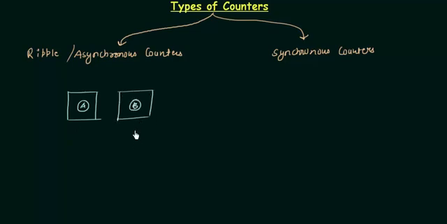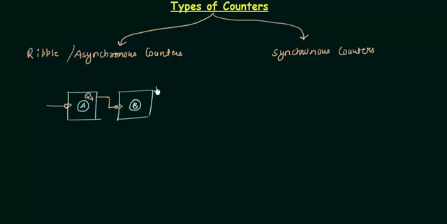I just told you that for these counters the external clock signal is applied to one flip-flop. So let's apply the external clock signal to flip-flop A, and the output of the preceding flip-flop is connected to the clock of the next flip-flop. The output of this first flip-flop, let's say it is QA, is connected to the clock of the next flip-flop.